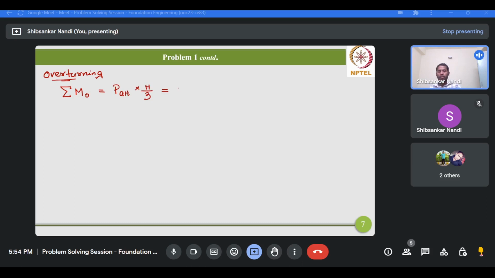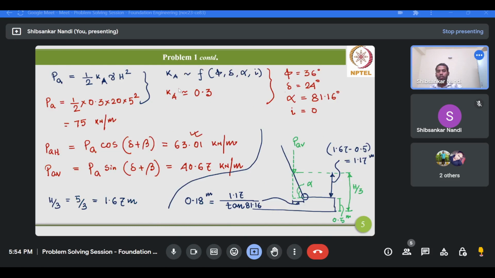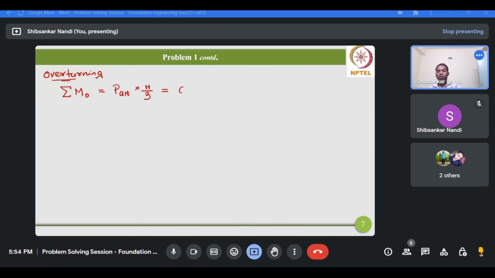So PAH is basically 63.01 multiplied by 5 divided by 3. So 105.02, I am getting.